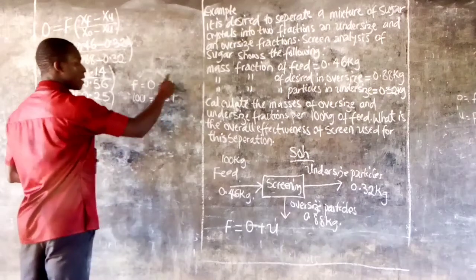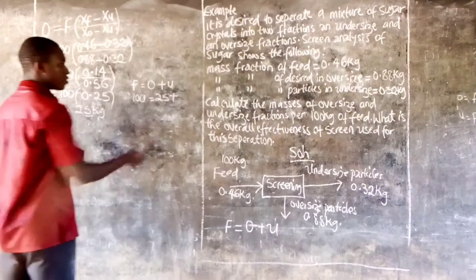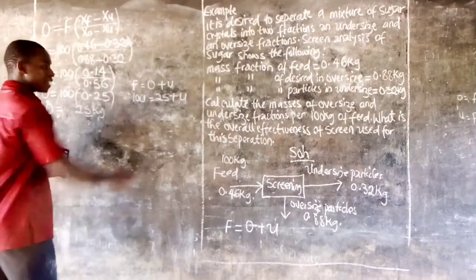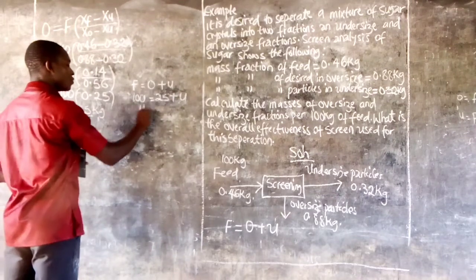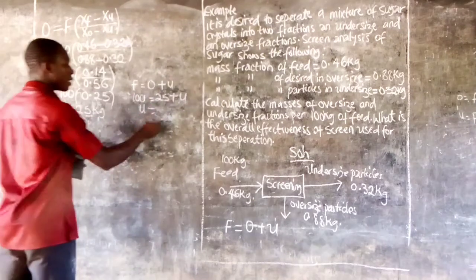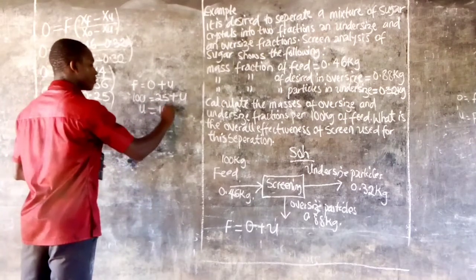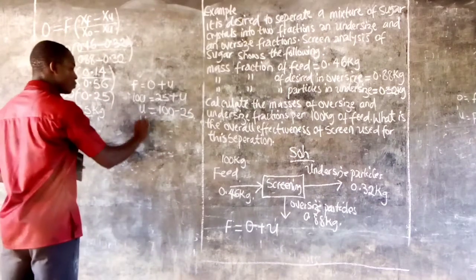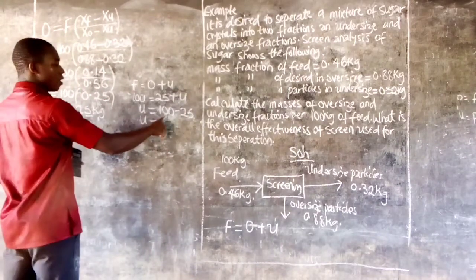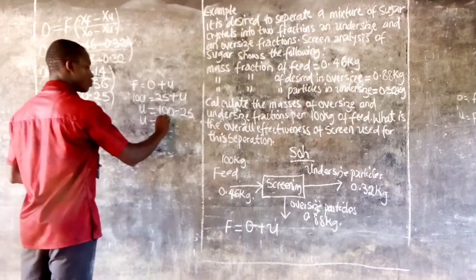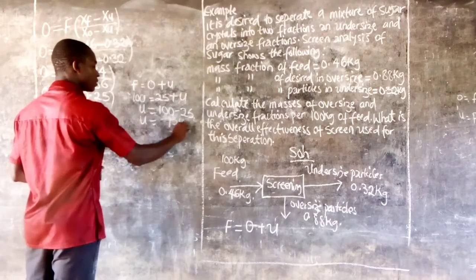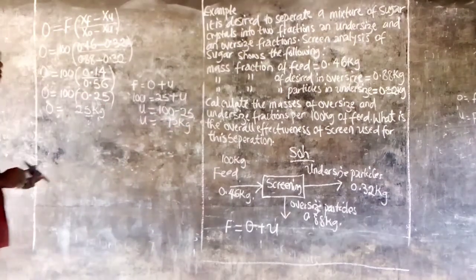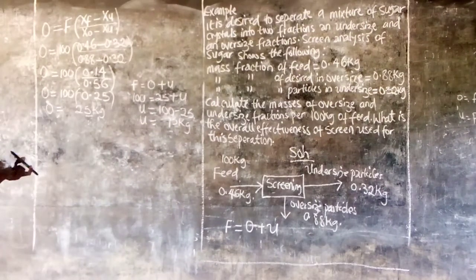Now, we don't know the amount of the undersized material. So we have U. And so for us to get U, we have that U is equal to, this one will come here, 100 minus 25. And then U will now be equal to 75 kg.